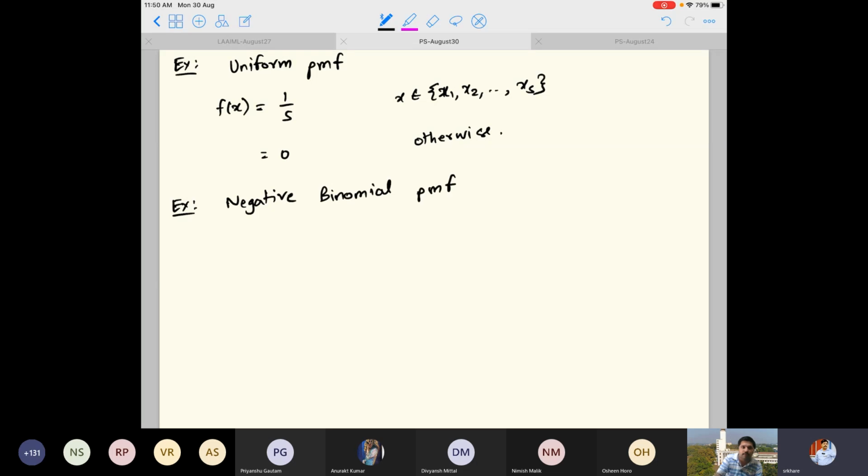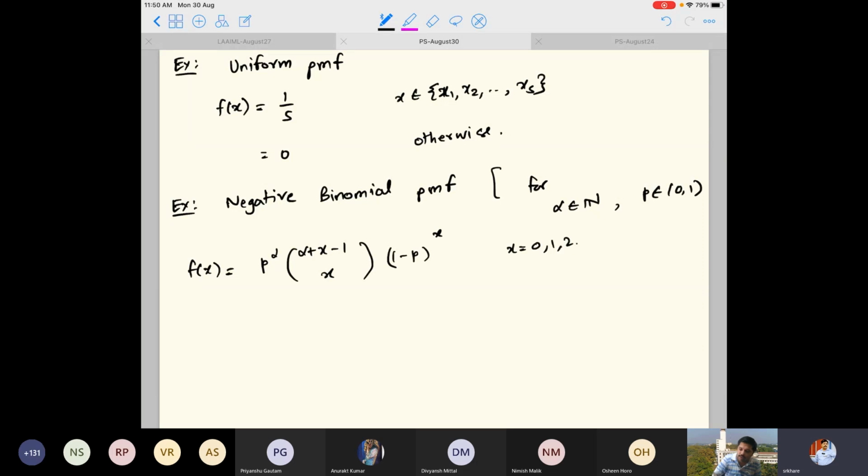For an integer alpha belonging to the natural numbers, and p any real number between 0 and 1, I define f(x) to be equal to p to the power alpha, times (alpha plus x minus 1) choose x, times (1 minus p) to the power x, where x takes values 0, 1, 2 and so on, and is equal to 0 otherwise.